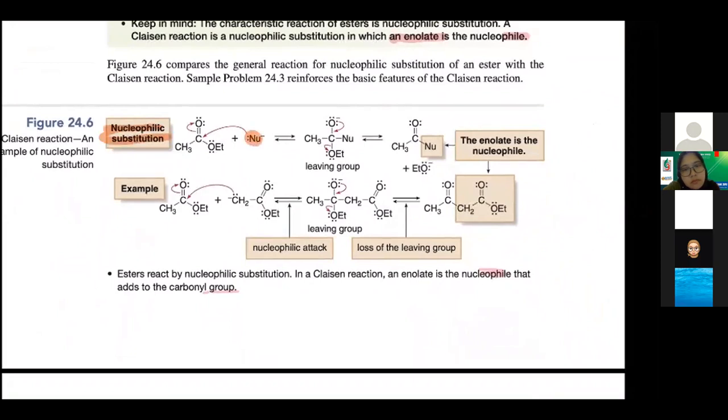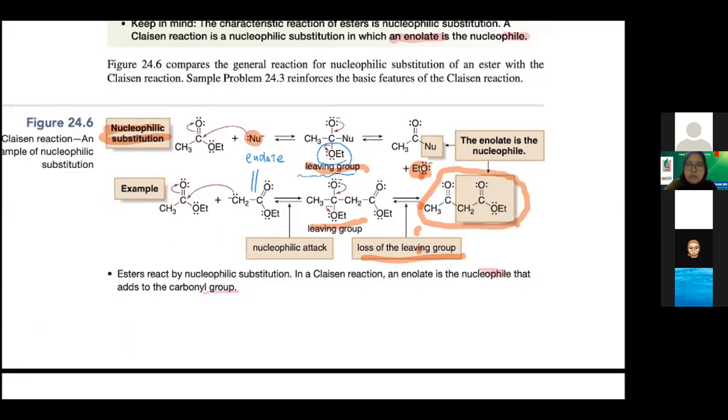In this case the leaving group is the alkoxide; ethoxide is the leaving group here. The ethoxide is lost as the leaving group, and the beta keto ester is formed.